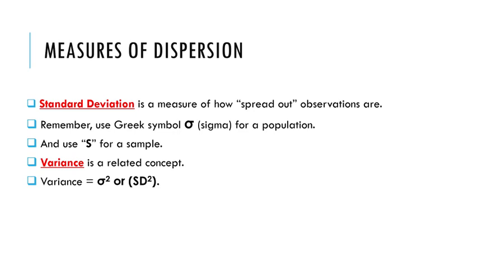There's a simple equation that ties these two together. Variance is simply sigma squared. All I have to do is take the population standard deviation and square it. Variance is nothing more than the population standard deviation squared.